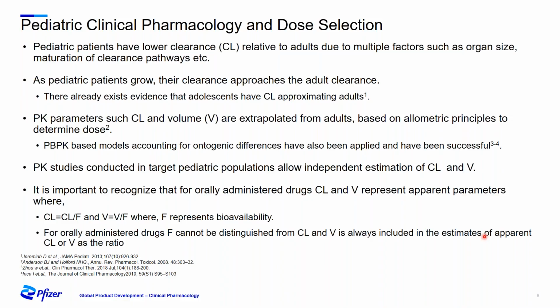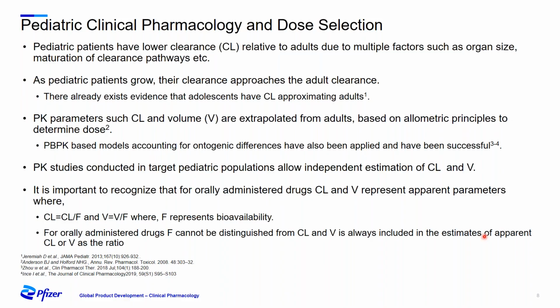So as you are probably aware, pediatric patients have lower clearance relative to adults due to multiple factors such as organ size, maturation of clearance pathways, etc. And as pediatric patients grow, their clearance approaches the adult clearance. One point of clarification here: when I say lower clearance or when I say clearance, I'm referring to the total body clearance and not the clearance per kilogram that we sometimes encounter.